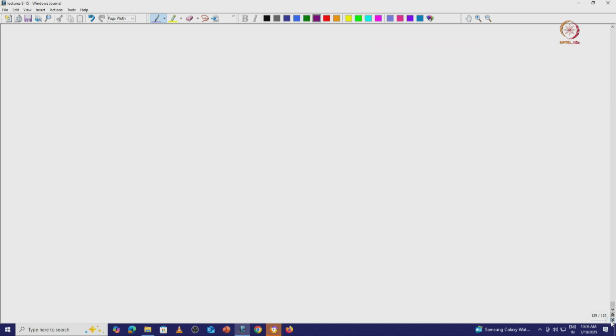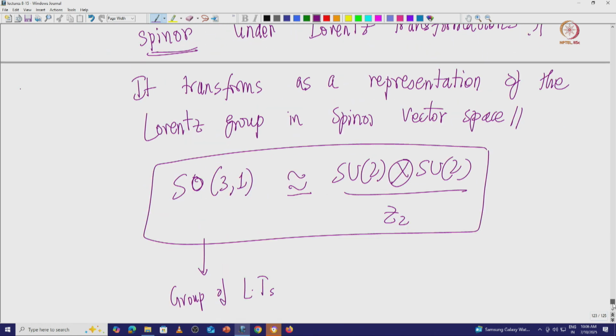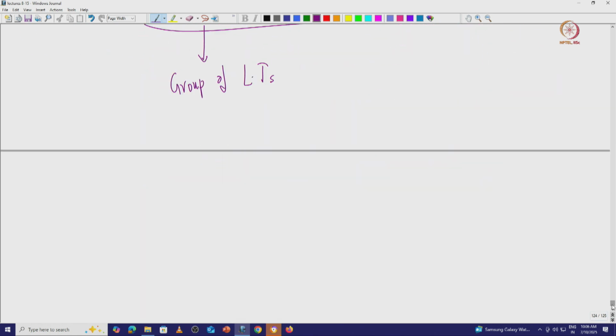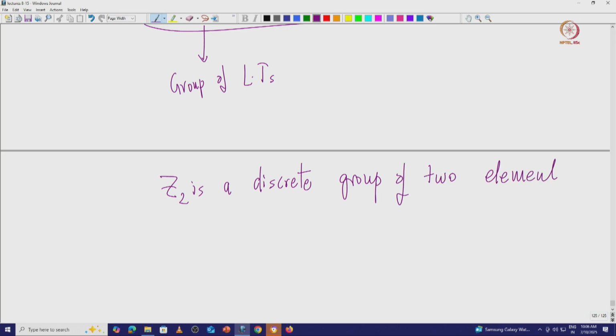Essentially Z2 is a discrete group of two elements, which is nothing but plus 1 and minus 1. So there are only two elements in this group essentially, plus 1 and minus 1.